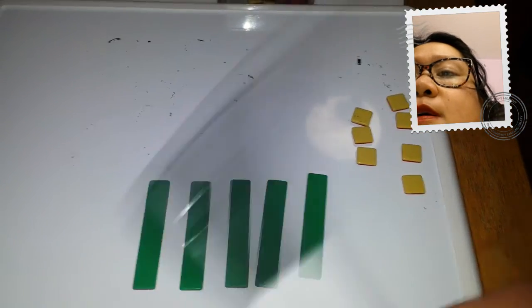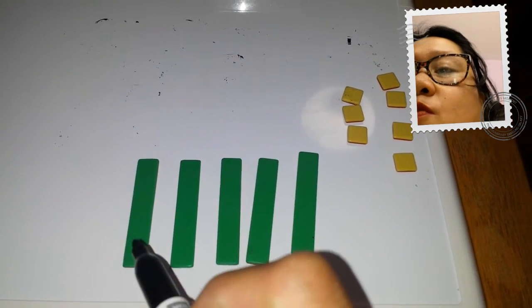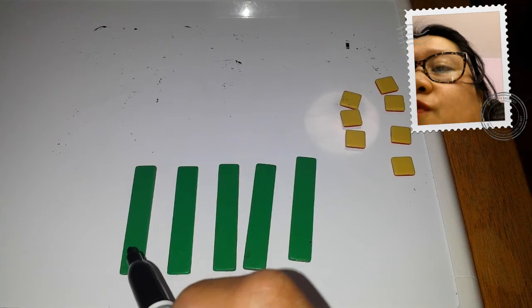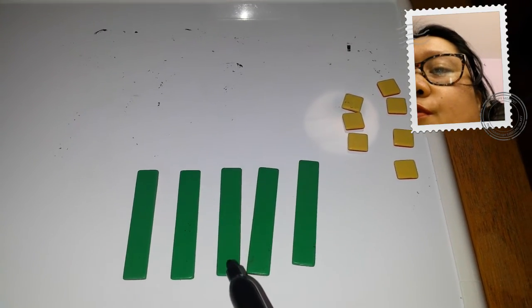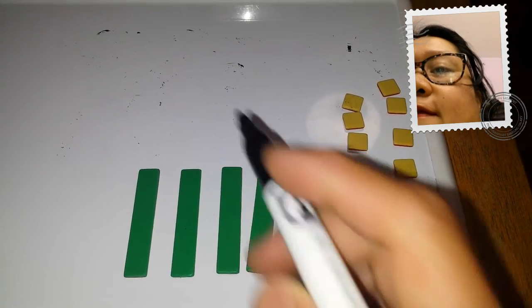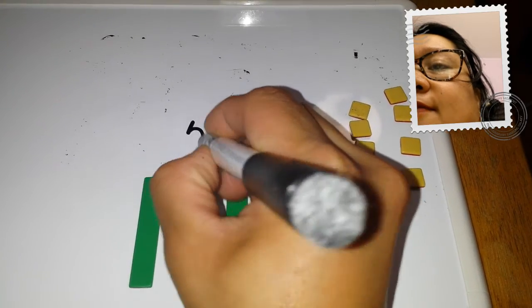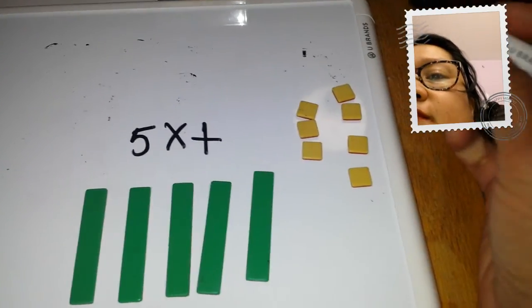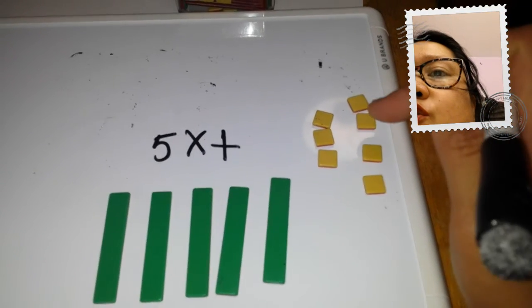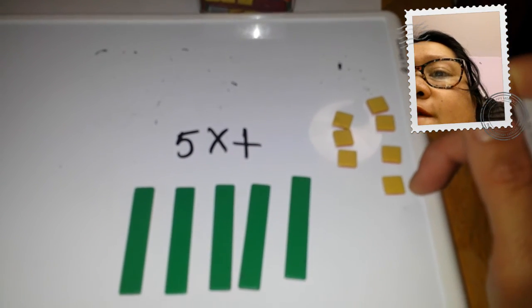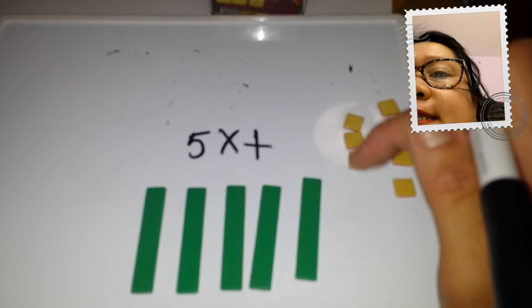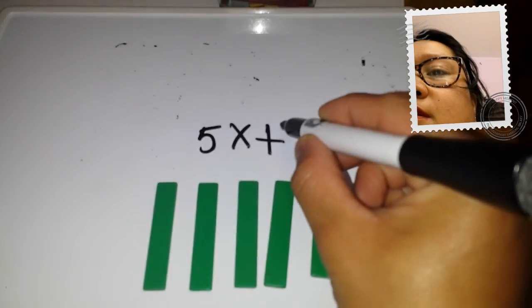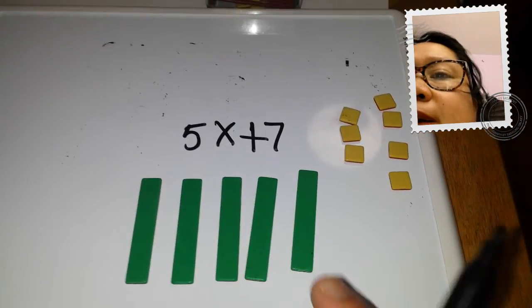So this would be, let's count how many green rectangles we have. 1, 2, 3, 4, 5. 5. So that would be 5x. 5x plus, let's count all of the squares that we have. 1, 2, 3, 4, 5, 6, 7. 7. So we just combined all the like terms.